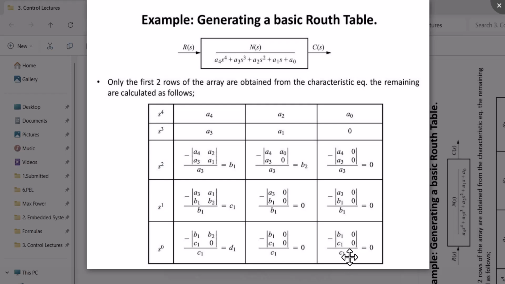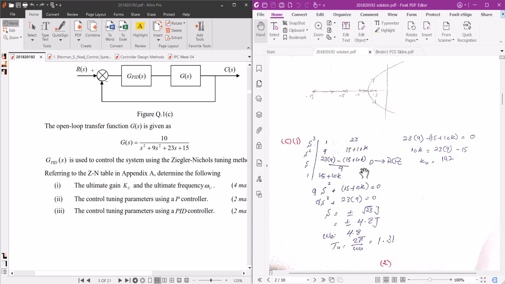Okay, so this is how we make the Routh-Hurwitz table, and we have to make one row fully equal to 0. If we make one row 0, that means we will have poles on the j omega axis. This will make our system oscillatory, which we do practically by increasing the gain, and this is how we do it theoretically. So coming back to the question, this is the Routh table which is formed now.